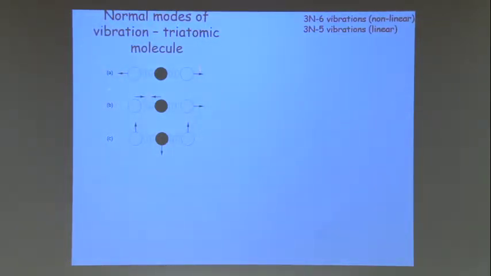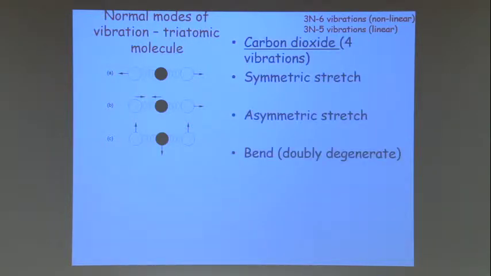Normal modes of vibration: we said there are 3n minus 6 vibrations for a nonlinear molecule, and 3n minus 5 vibrations for a linear molecule. This, for example, is CO2, a C and 2 O's. It's a linear molecule, and there are 4 vibrations.